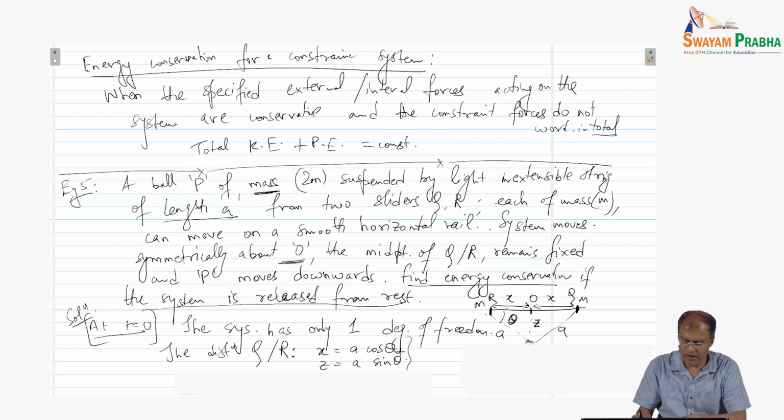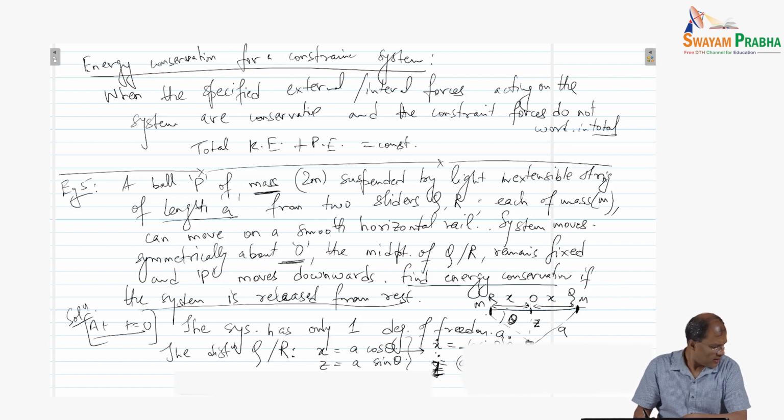Here I can find that x dot is minus a sin theta times theta dot, and z dot is a cos theta times theta dot. So we have x dot and z dot, my two velocities along the x direction and the z direction.